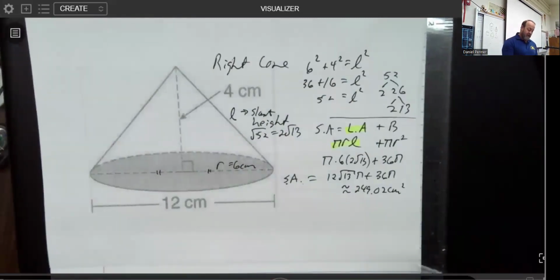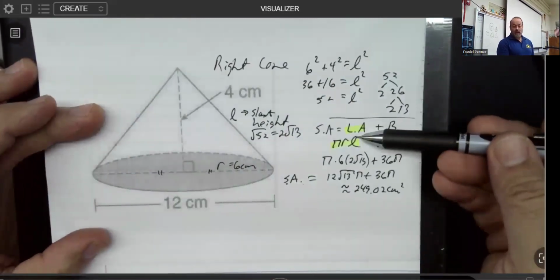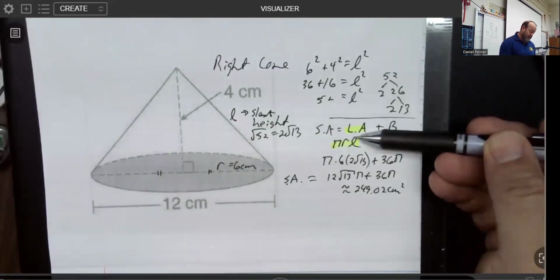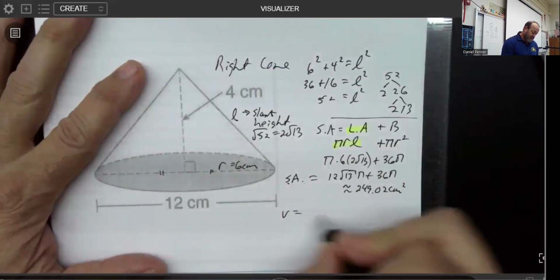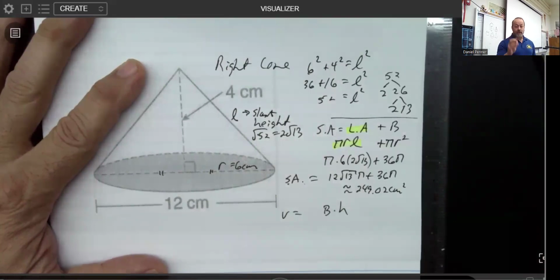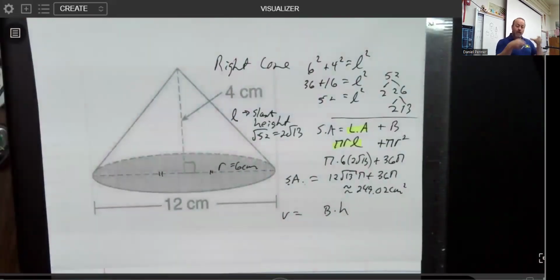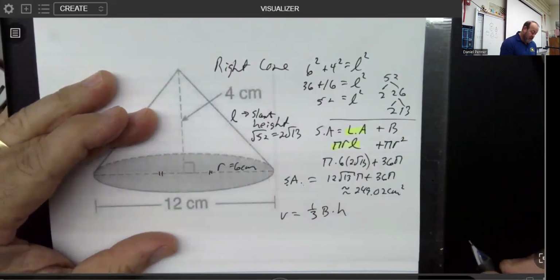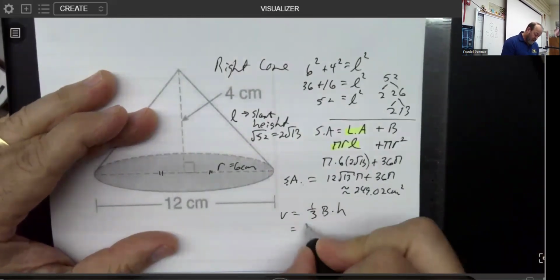So this is the fun one right here. The slant height times pi times the radius is going to be our lateral area. And then, of course, our volume, very much like the cylinder, is base times height. However, anything that comes up to a point is just 1/3 base times height. And so there we go. So we've got 1/3 the base.